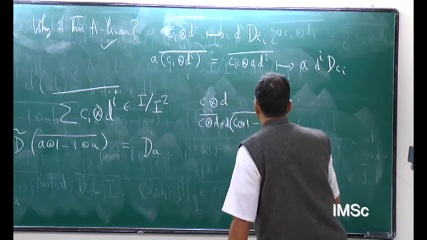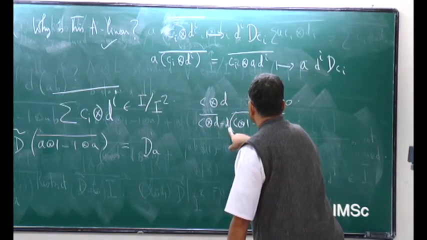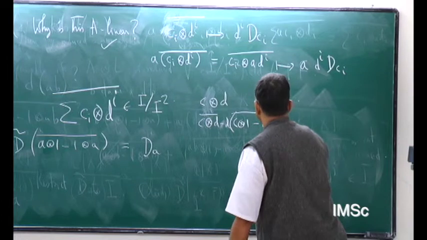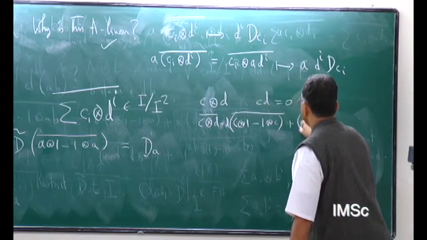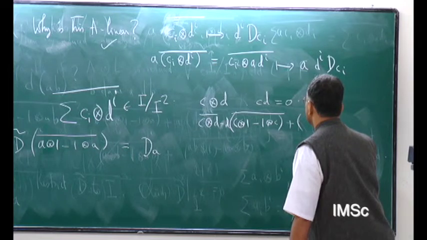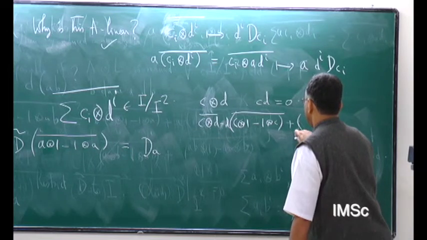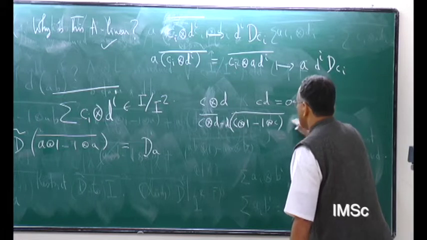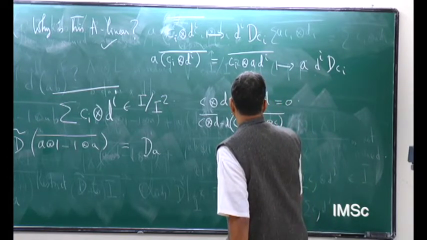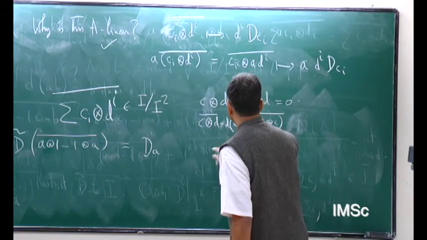Okay, what do I get now? This is C tensor D minus 1 tensor CD, and then I can put a, okay, what's the difference now?